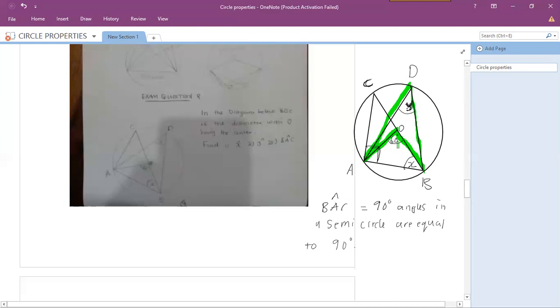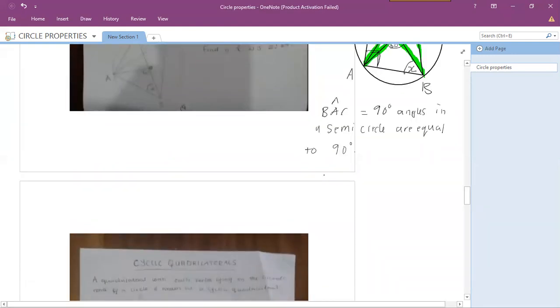So if I get this angle here at the center and divide it by 2, I'll be able to find angle Y. So we say angle Y will be equivalent to 60 degrees divided by 2, which is equals to 30 degrees. Y, you say angle at center, the angle at center is twice angle on circumference.